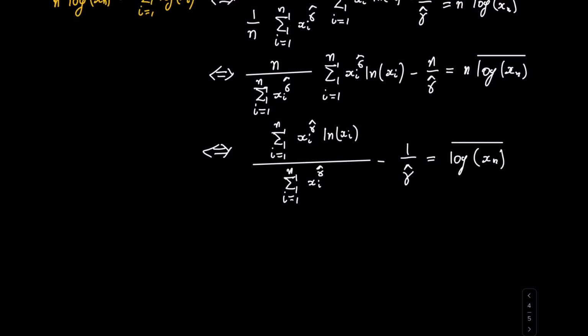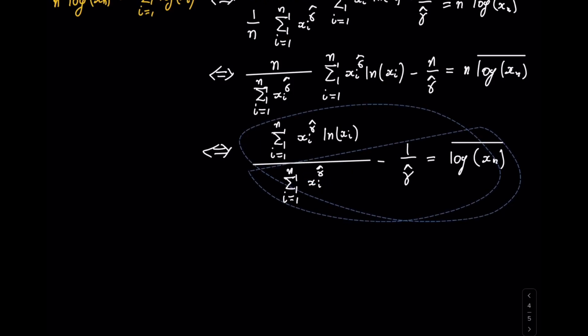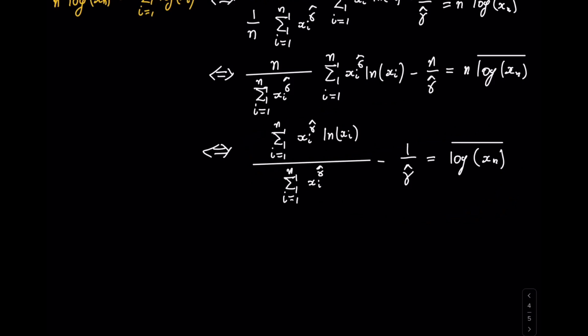Now, of course, this isn't a closed form expression for gamma. However, this is an expression for gamma which, using numerical techniques, we can actually solve for the maximum likelihood estimate.